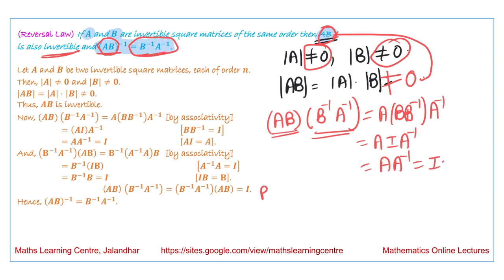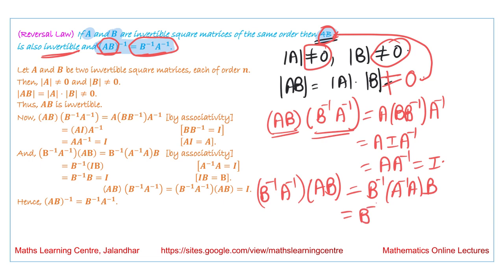Similarly, if we write B inverse A inverse into AB, the answer we are getting is B inverse into A inverse A into B. This is equal to B inverse I into B. This is equal to B inverse into B, and this is equal to I. So what we obtain from this is that inverse of AB is equal to B inverse into A inverse.